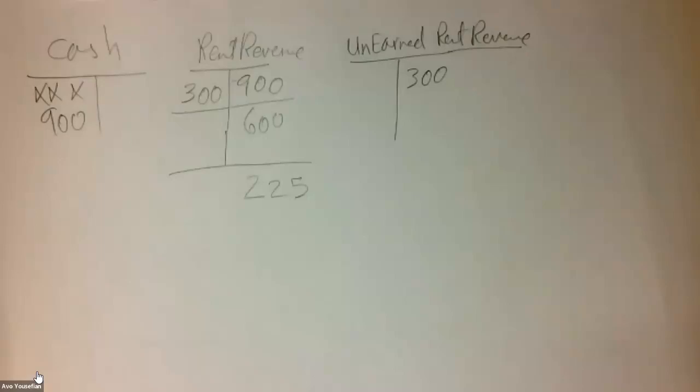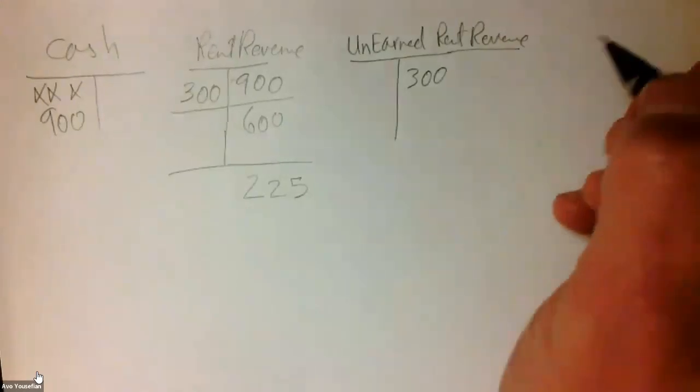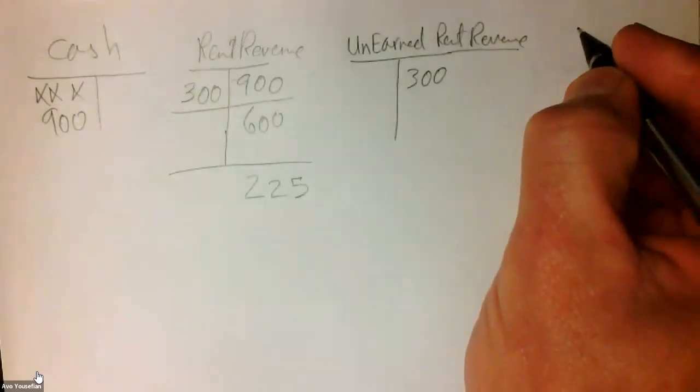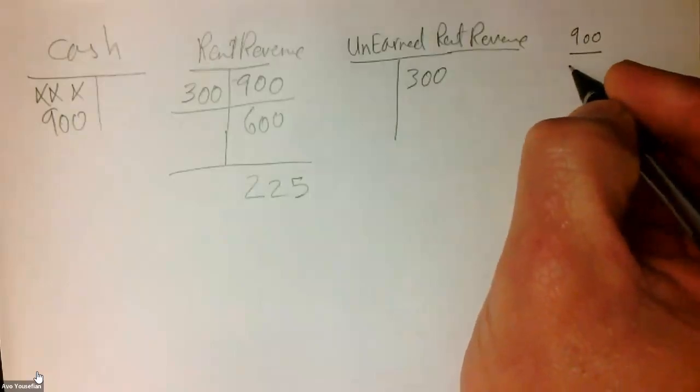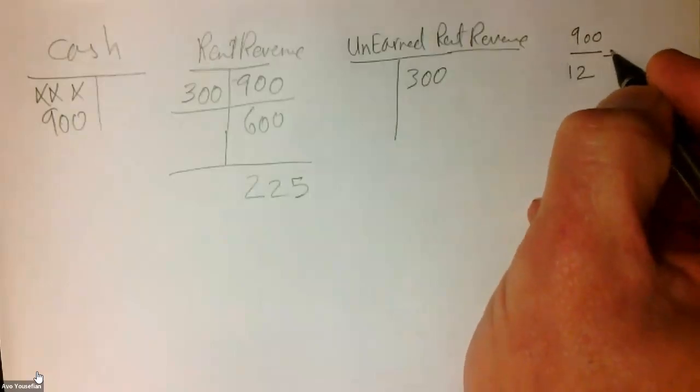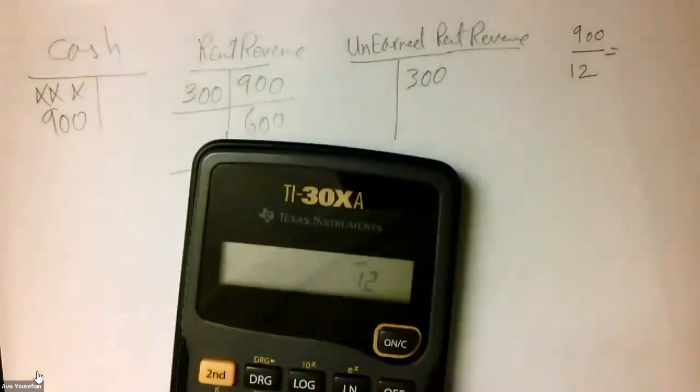But then you do some math. You say, okay, $900 divided by 12 months.